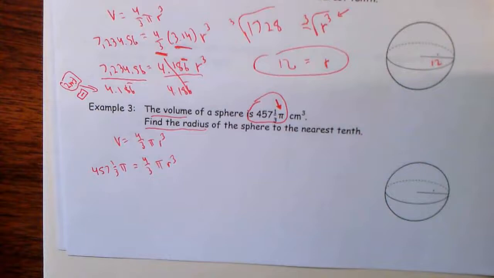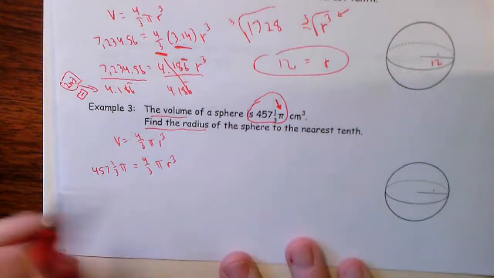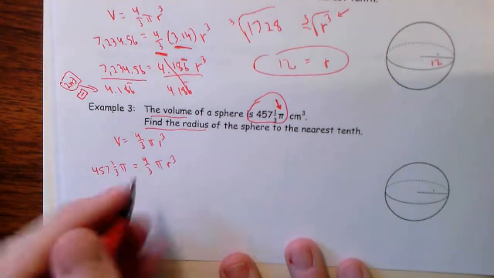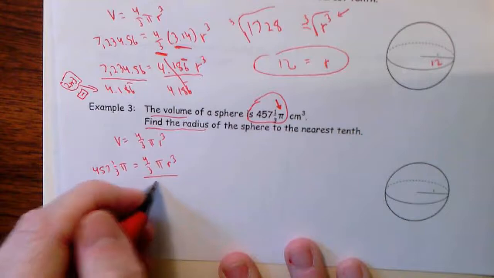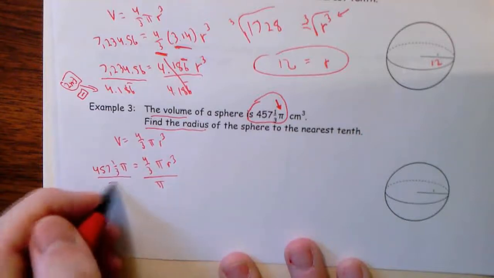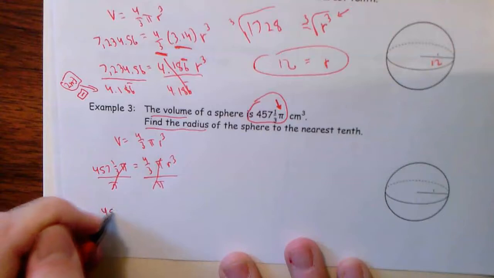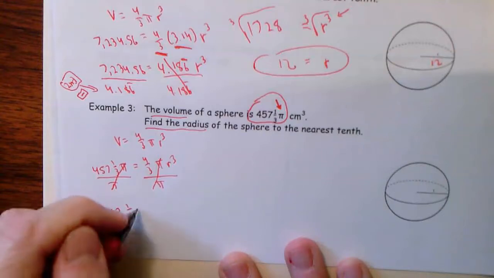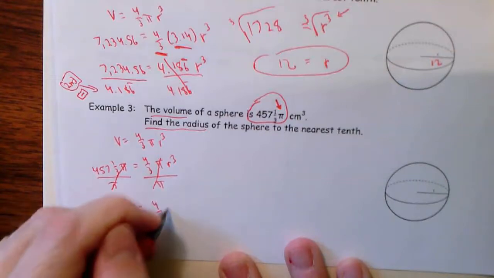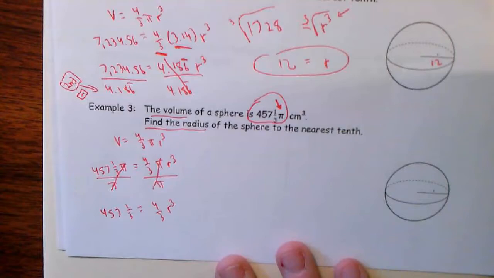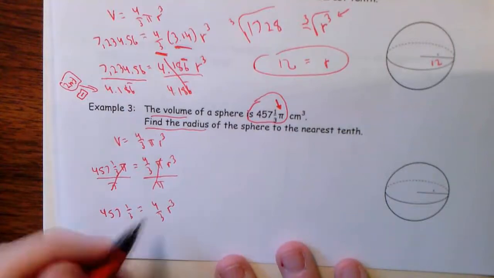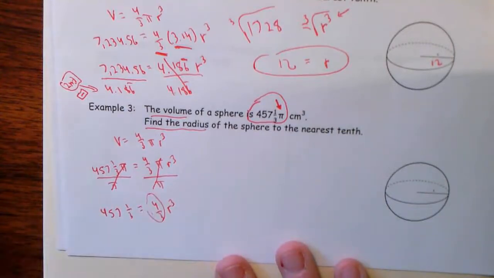And now the nice thing about this is we can go ahead to start solving for the r. We can go ahead and divide both sides by pi to cancel out the pi on both sides. And we get 457 and 1/3 equals 4/3 r cubed. And now we just need to get rid of this 4/3.